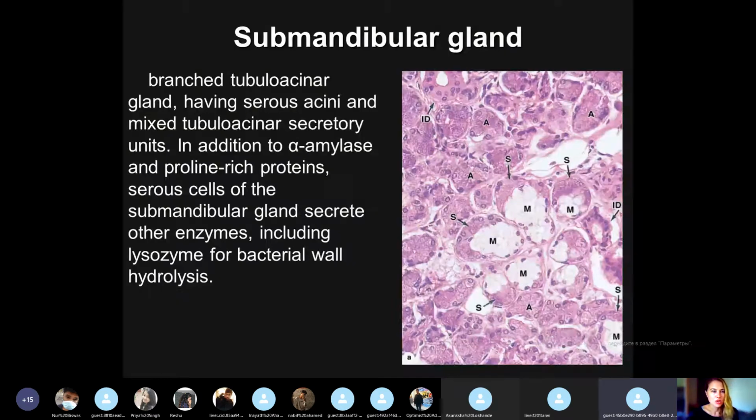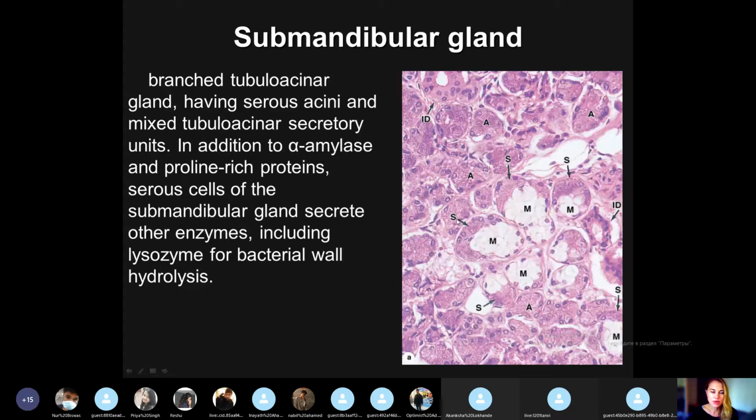Thank you. Okay, submandibular gland has two types of acini, the mixed acini, so we can see over here typical mixed acini, the mucous cells in the center and the serous cells on the periphery, which we can see as the demilunes of Giannuzzi.